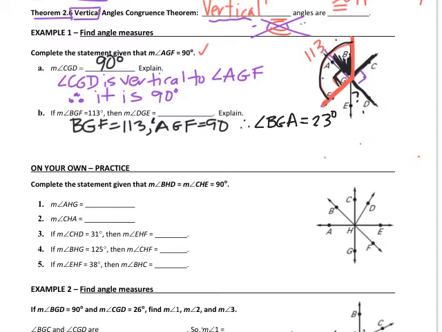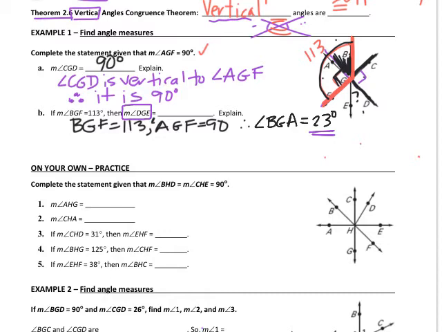Okay, so I know that the black shaded angle is 23 degrees, and the angle with the question mark in it, DGE, which is the one we're looking for. Remember, we're trying to solve for DGE. DGE is vertical to the angle that is 23 degrees.